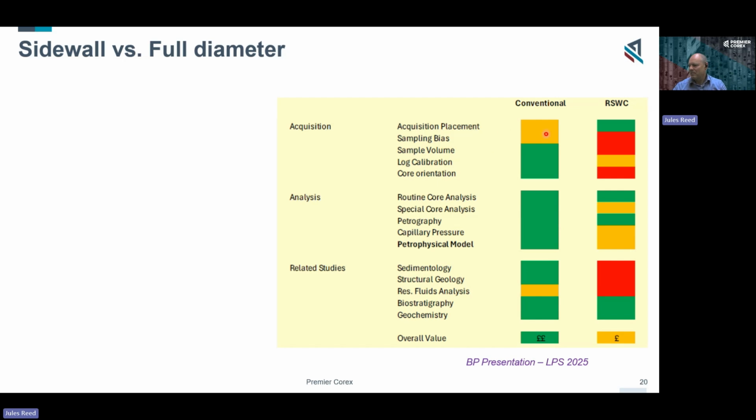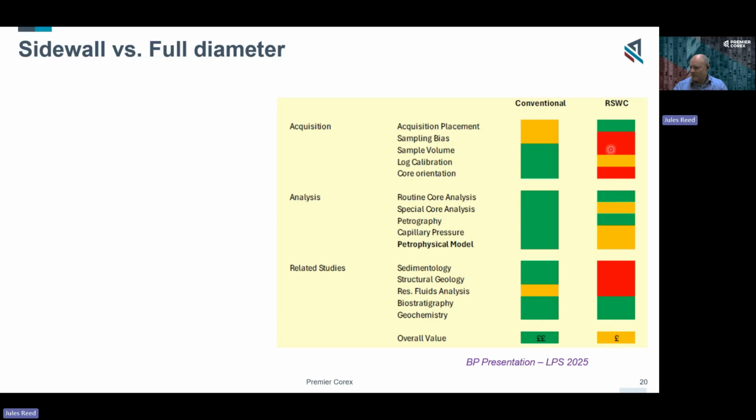The acquisition and placement or sample bias could still happen in conventional analyses if you're overly considering the good parts of the rock. So you really need to do a statistical sampling process rather than just a biased one. But in general, almost any program is available in conventional core, but with sidewall cores, there can be that sampling bias because you've pinpointed the particular areas of interest.